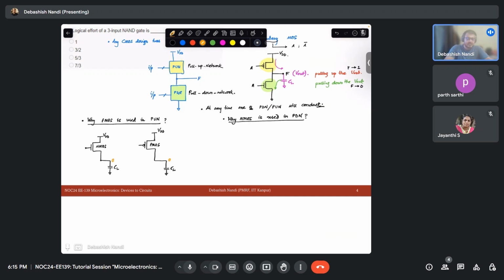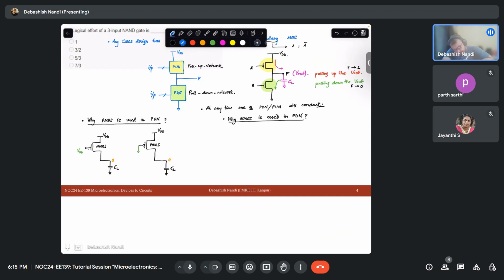For the NMOS case, for the pull-up network to be conducting, I should be applying VDD here, right? Or on. And I should apply ground or 0 voltage in case of PMOS, because when I am applying 0 volt at the gate, then my PMOS gets turned on, and we will see how.